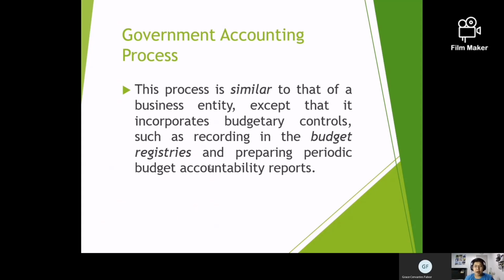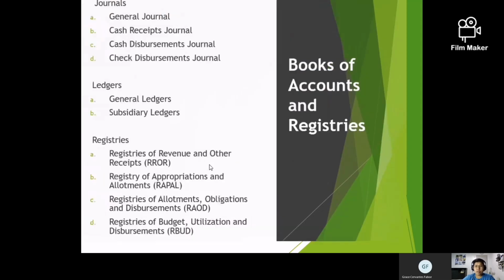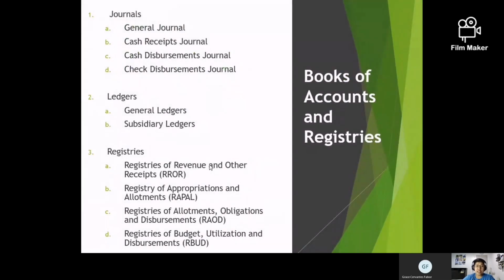Same as in commercial, what we are talking about here in the government accounting process is that we are accounting for government funds and property, including the receipt and its disposition. So, here are the books of accounts and registries used in government. In the journals, we have the general journal, cash receipts journal, cash disbursements journal, and check disbursements journal.